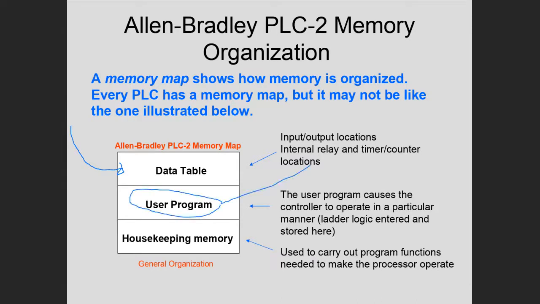And then this part of memory we call housekeeping. You don't have any access to that. That runs stuff in the background that you don't realize is happening. That part of memory takes control of all of that. So this memory map is important. This is kind of a general memory map. It says for the Allen Bradley PLC-2, but any PLC will have this general memory map.